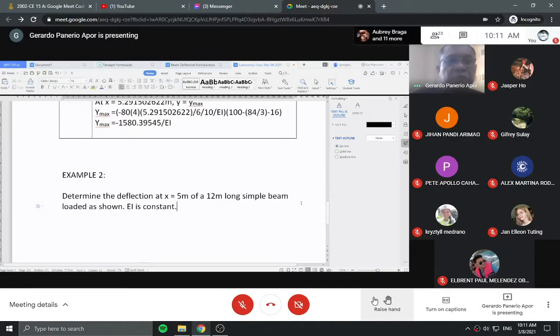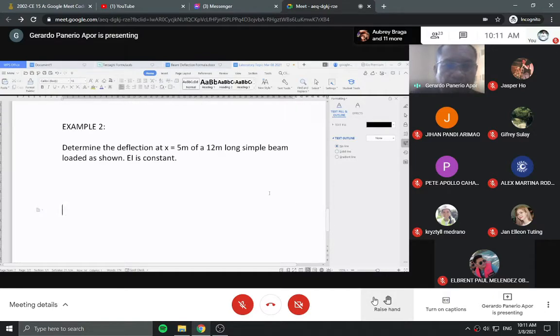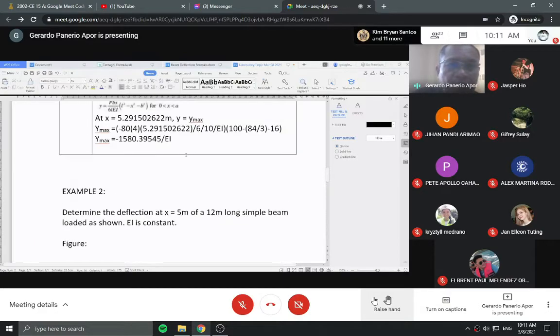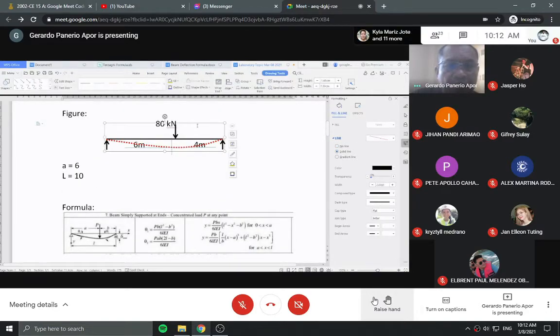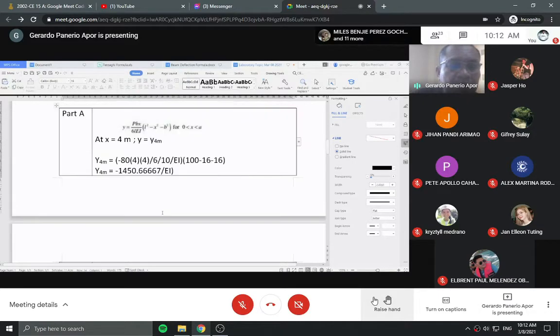Okay, constant. So here we are going to make a figure, because a figure is easy to imagine from the narrative problem. Because you have a simple beam here, maybe we can borrow this. I'll copy that and paste it here.